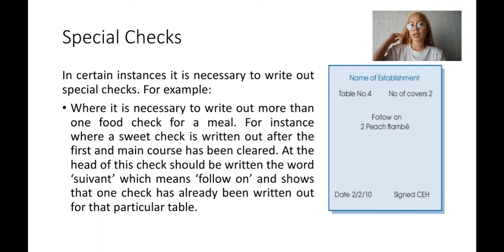Itong special check na to is ginagamit ito kapag meron kang kasunod na order. For example, 'di ba, natapos mo na yung main course na order mo. So, yung kasunod na order mo, which is yung sweet course, ito yung special check na ginagamit, which is, ang nakalagay is follow on. Parang meron kang to follow na order.